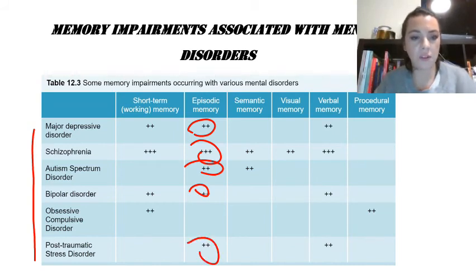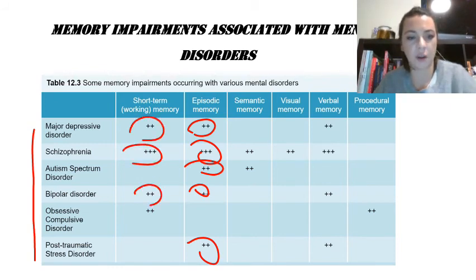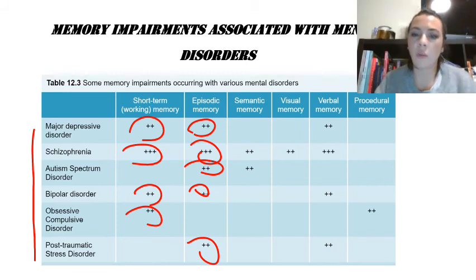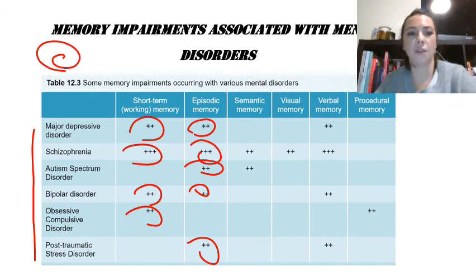We can also see that in a lot of these disorders, particularly depression, schizophrenia, bipolar again, and OCD, there are also problems with short-term working memory. So all of these can lead to that faulty reasoning and again, can just go around in a loop. And what's happening is we are consolidating incorrect information and then retrieving it again to work with that information. So it's all bad pretty much.